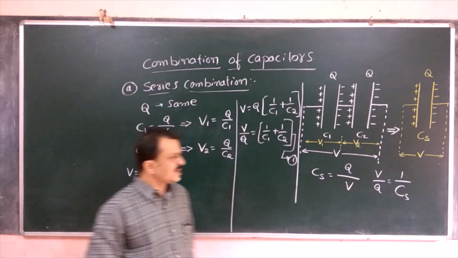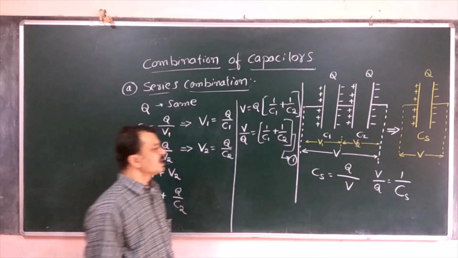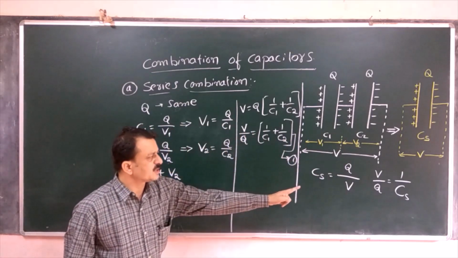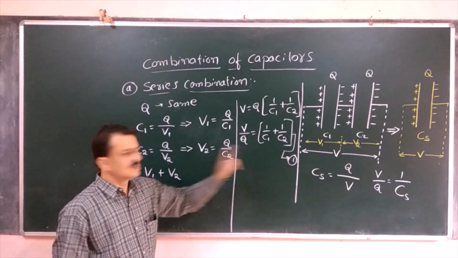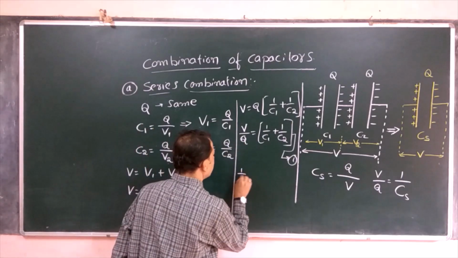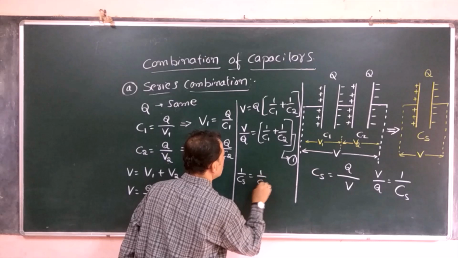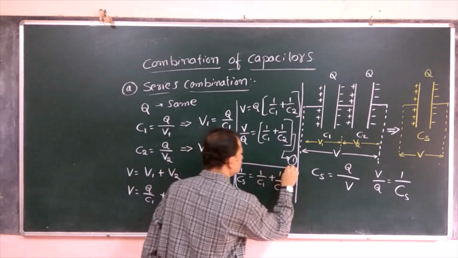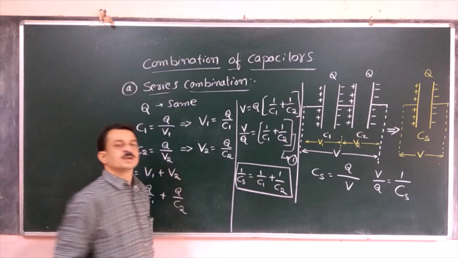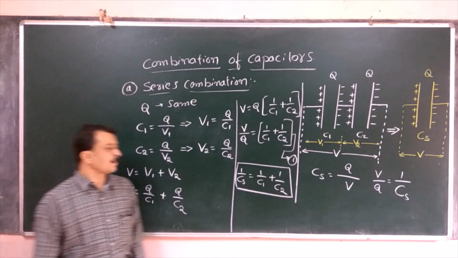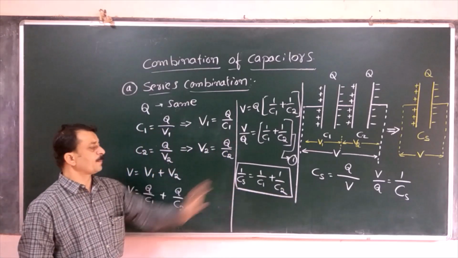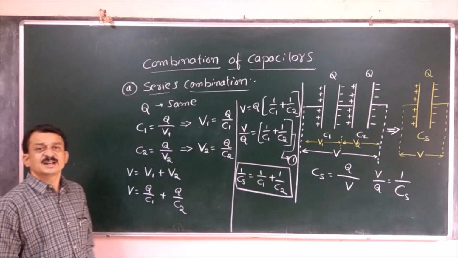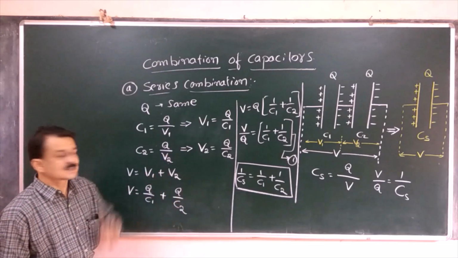Now CS is called the effective or equivalent capacitance. Now substituting that value in equation 1, therefore 1 by CS is equal to 1 by C1 plus 1 by C2. That is the expression for the effective or equivalent capacitance of two capacitors when they are connected in series.